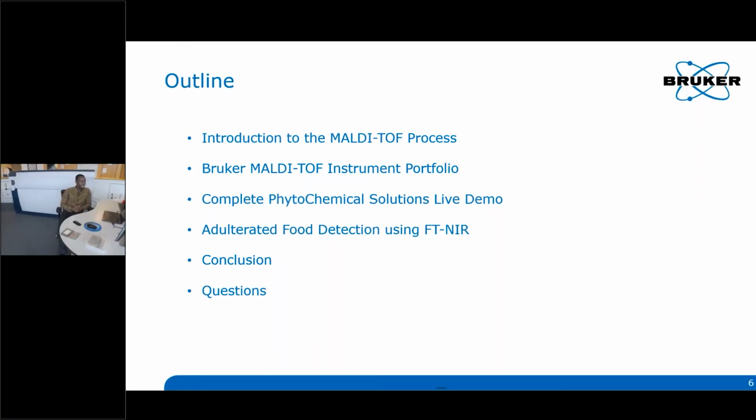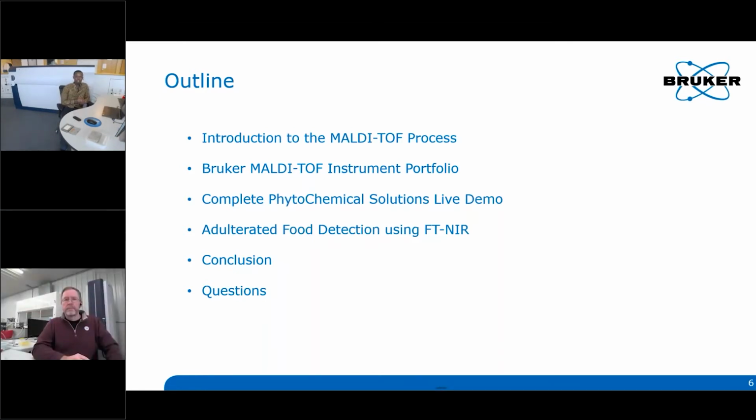So at this time, I'm going to turn it over to Chris Krueger. Just a few words about Chris Krueger. He is the CEO of Complete Phytochemical Solutions, which is in Cambridge, Wisconsin, sorry, like I mentioned earlier. He has over 25 years of experience as a phytochemist, working on the development of mass spectrometry methods for the authentication of dietary ingredients, foods and beverages.